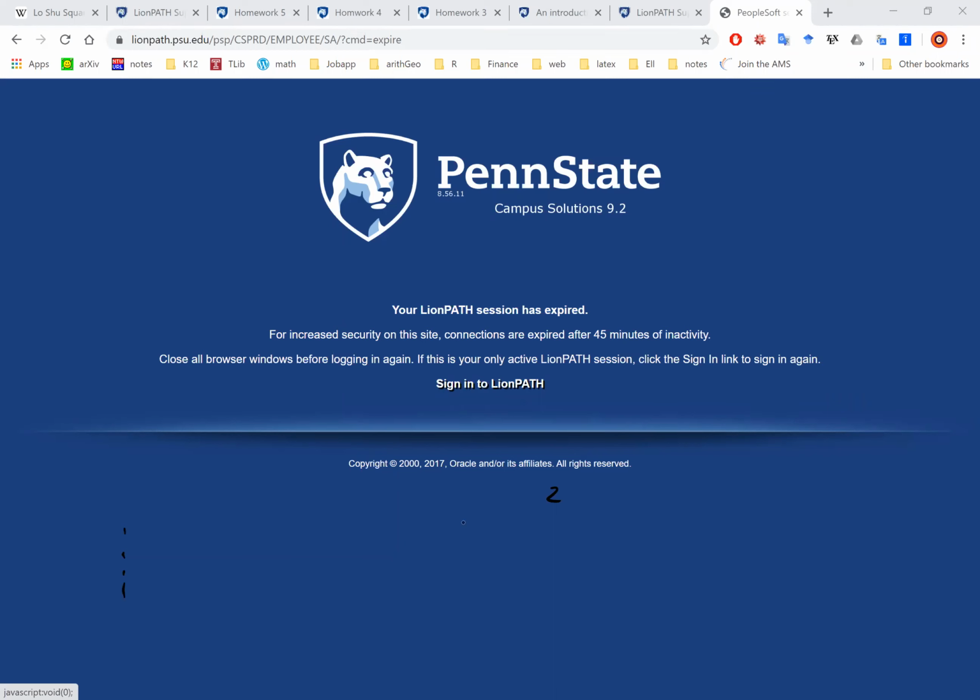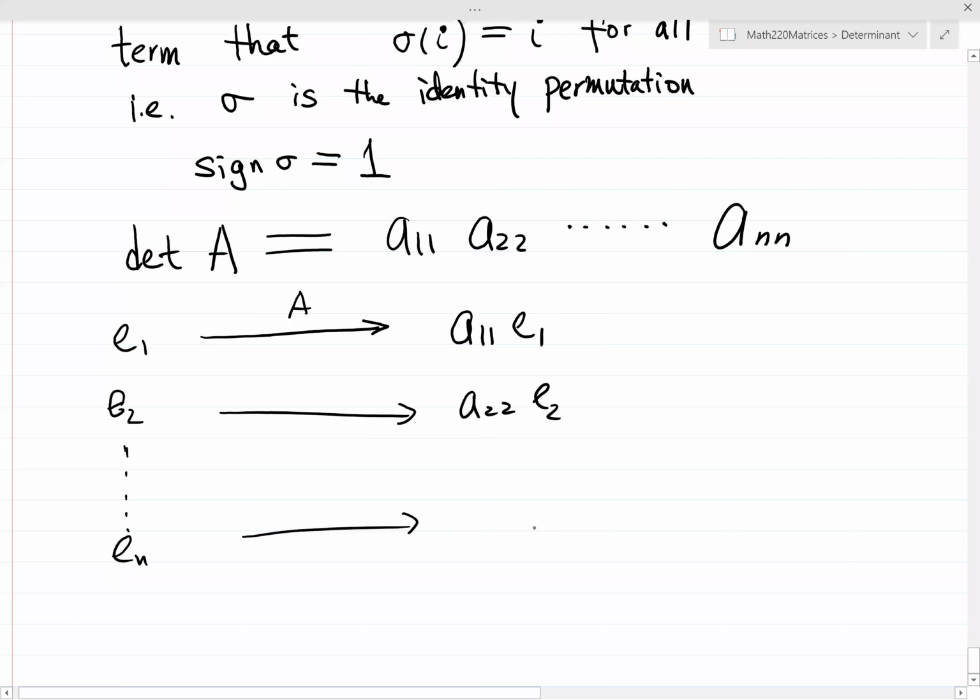En goes to A_NN En. Every side is reskewed by a certain factor. So the volume of this box is changed.